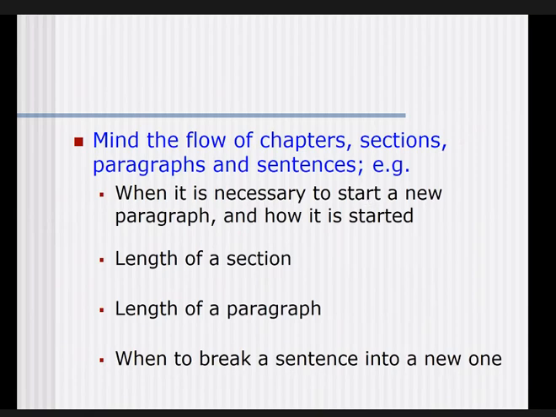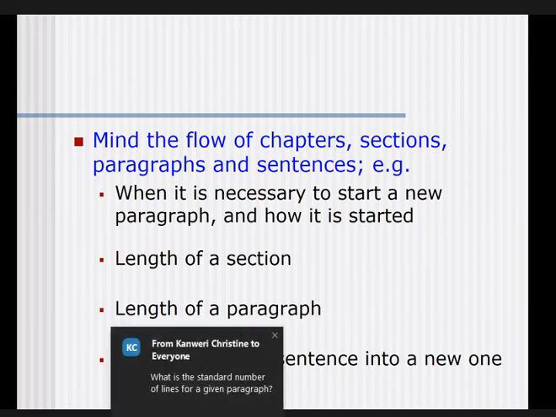Mind the flow of your chapters, the flow of your sections, the paragraphs and sentences. All these must flow. You can't have chapter 2 before having chapter 1. That doesn't make sense. You can't have a section that does not flow with the next section. And the paragraphs the same. And the sentences must be orderly in a flowing story.